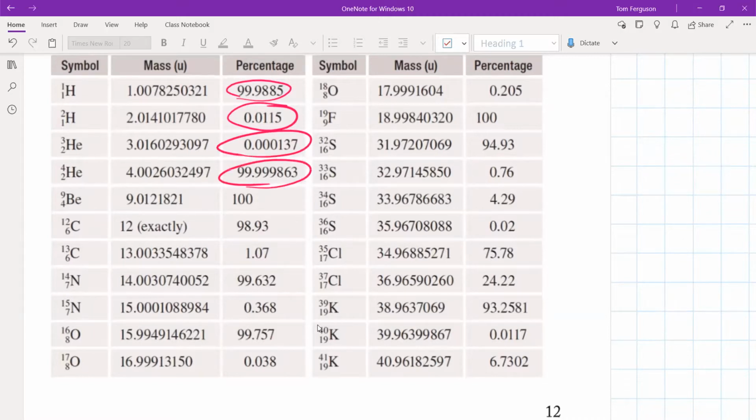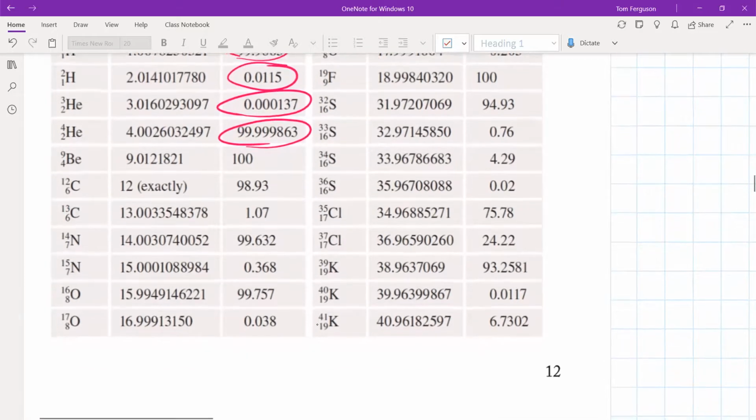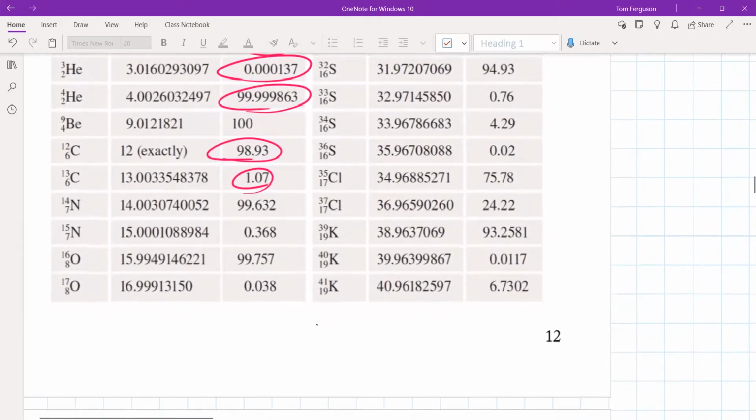Some of these are in horrendous abundance, and others are a tiny, tiny bit. We talked about carbon-13. Notice it's only at a little over 1% versus 99% of carbon-12. Nitrogen-14 versus nitrogen-15. There's just certain ones that are much more abundant, and other ones are very scarce.